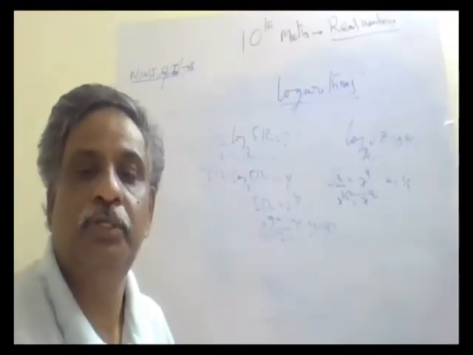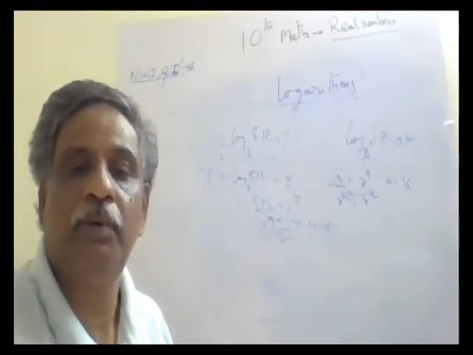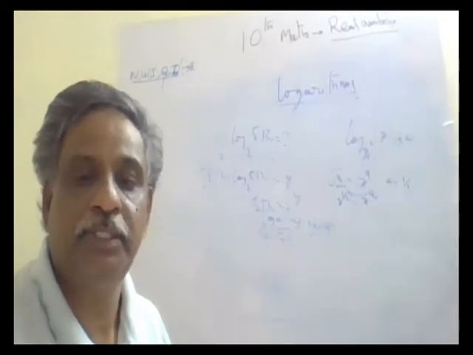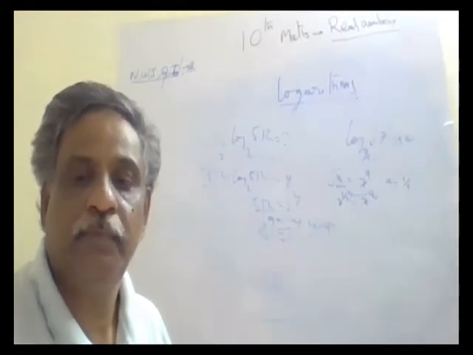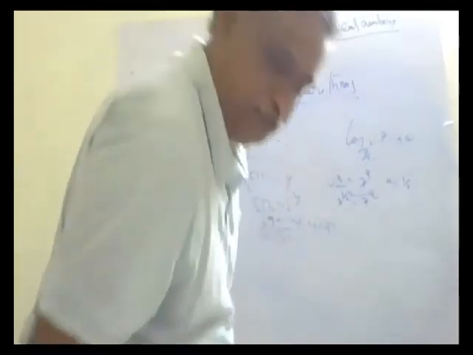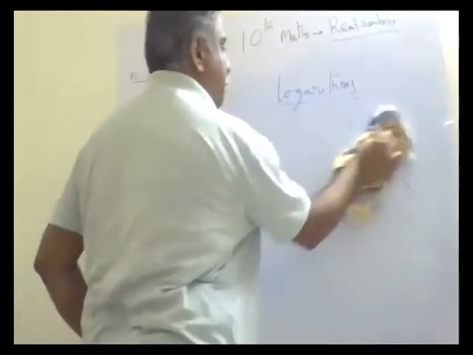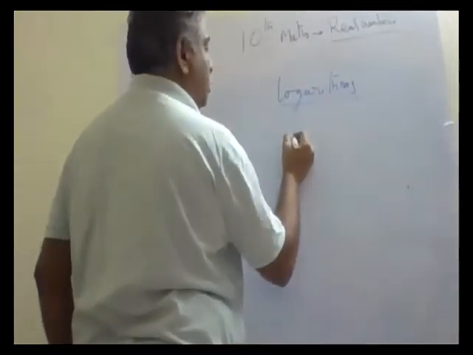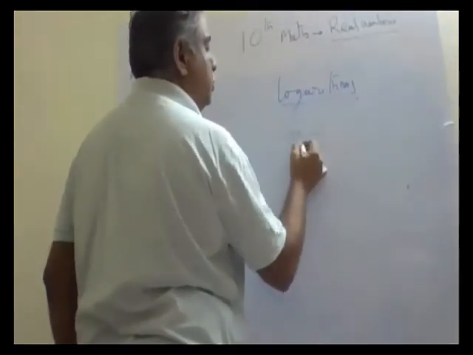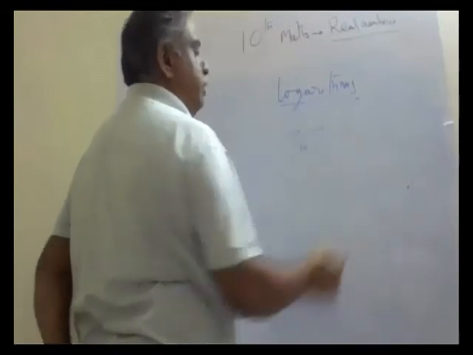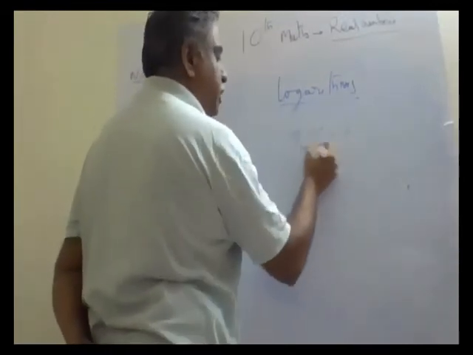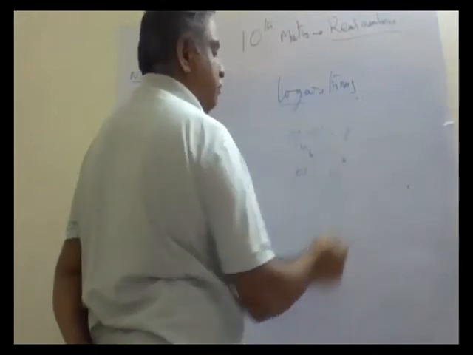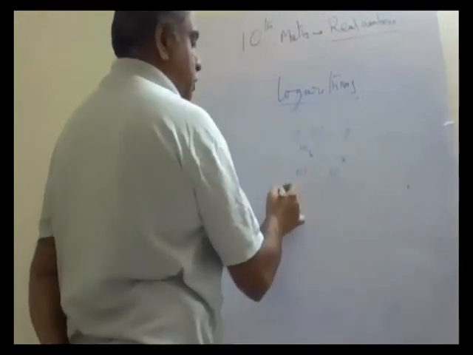You got these two problems. Now do another problem. Log 0.01 to base 10. Let it be equal to x. This is the number, this is the base, this is the power. So 0.01 is equal to 10 to the power of x. What is 0.01?